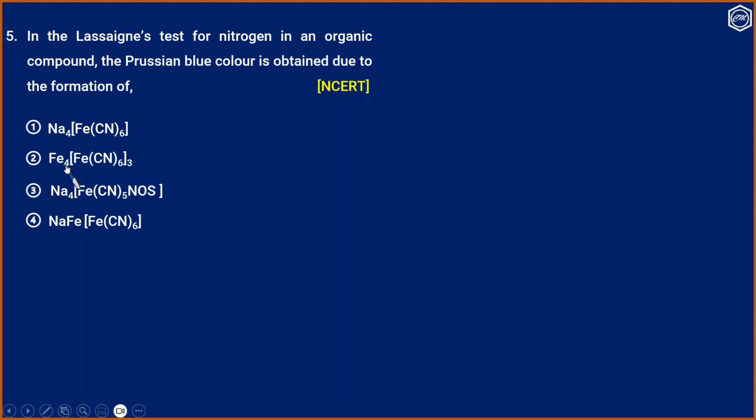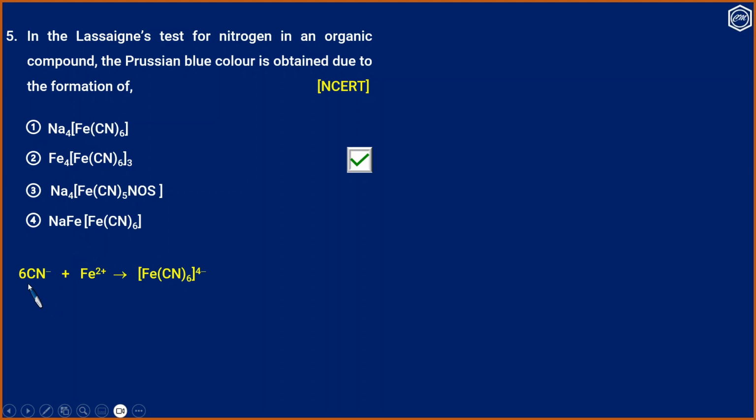And the Prussian blue color is Fe4[Fe(CN)6]3, that is iron(III) hexacyanidoferrate(II). So option 2 must be the correct answer.